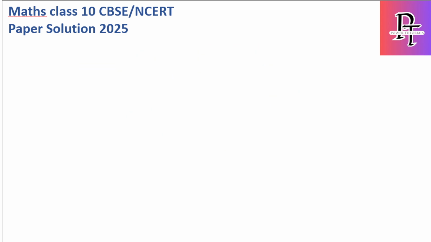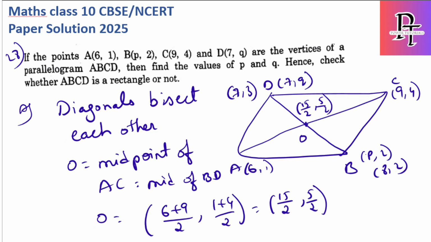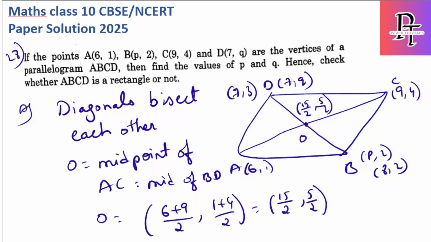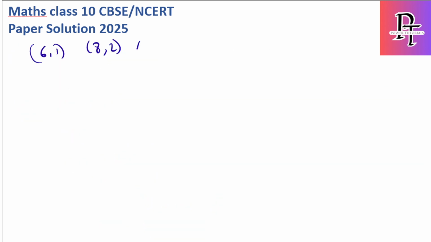So I'll just write all the points first: (6, 1), (8, 2), (9, 4), (7, 3). So this is A, B, C and D. So we have to do it fast because we need to have time for other questions.